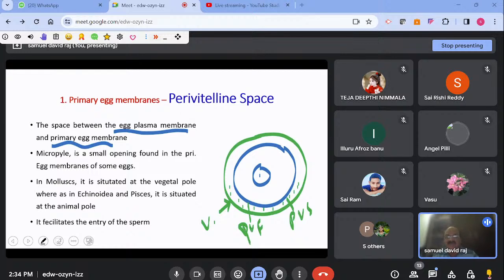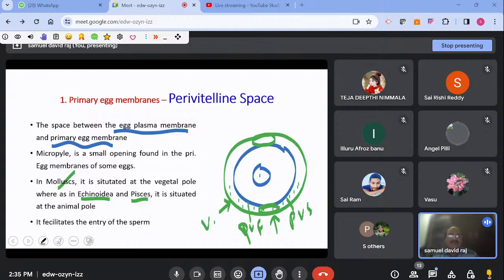But in some eggs, there is a small opening found in the primary egg membrane. In mollusks, it is situated at the vegetal pole. I have shown it in the animal pole, but in mollusks it is actually situated in the vegetal pole, whereas in echinoidea and pisces it is situated in the animal pole.